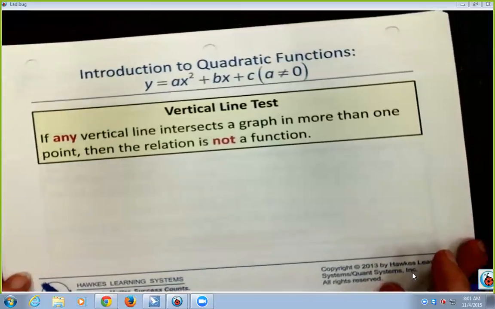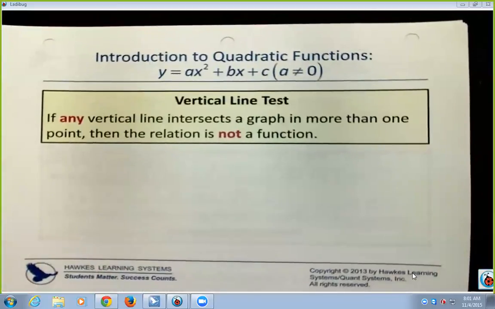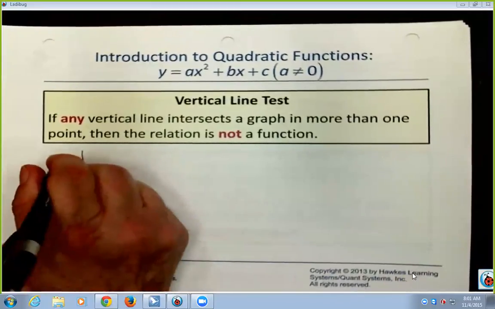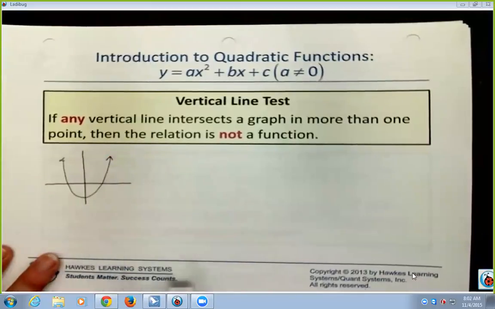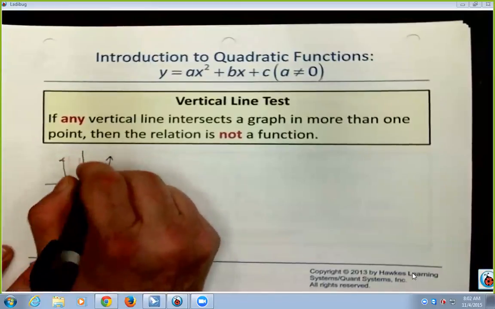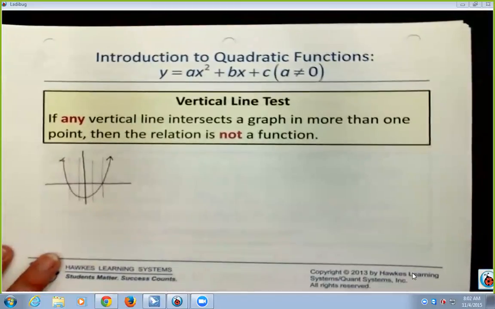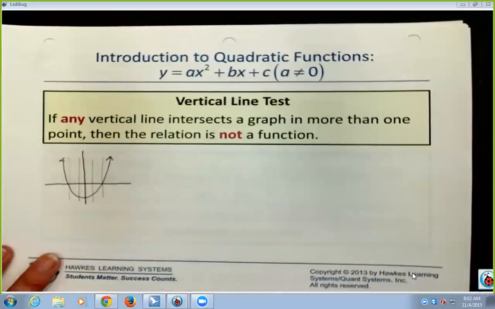So the vertical line test is needed because we need to know whether we have a function or whether we don't. So in this case, they may give you a graph, and if the graph is a parabola, we could say that if we look at the vertical line test, the vertical line means we're going to drop stuff down this way. And if it only crosses in one point, we have what's called a function. So we're going to check that part out, and we're going to see what happens with that vertical line test. And so if it's a function, we're great and we're good to go.